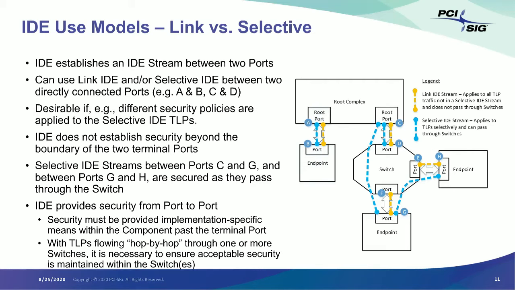Because otherwise, ATS provides a very direct way to bypass any sort of IOMMU protections that the system might have. So IDE is really orthogonal to that question, but authentication and measurement are very central to that question, right? Because with authentication and measurement, we do provide a very direct way to protect those.